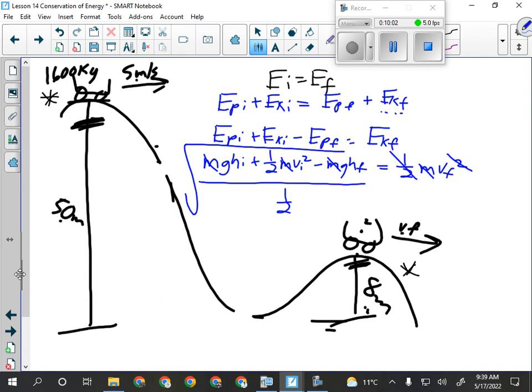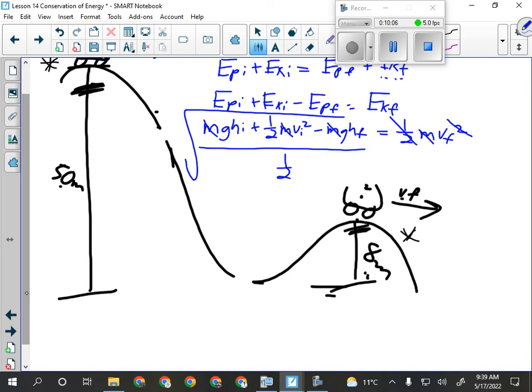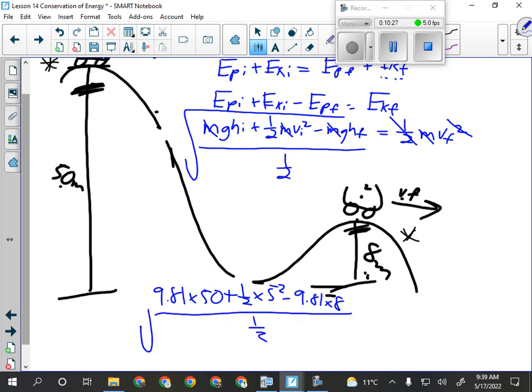So now that I've got that, I can plug in my numbers. I can say 9.81 times 50, so there's my initial potential, plus 1/2 times 5 squared, my initial kinetic, minus 9.81 times 8, my final potential, divided by 1/2, square rooted, will give me VF.